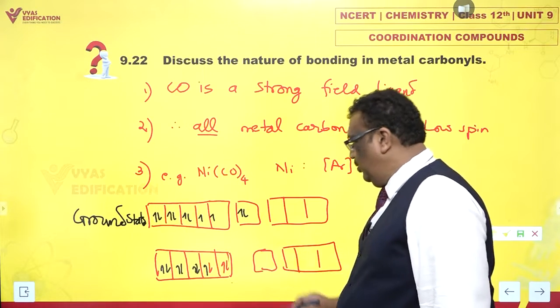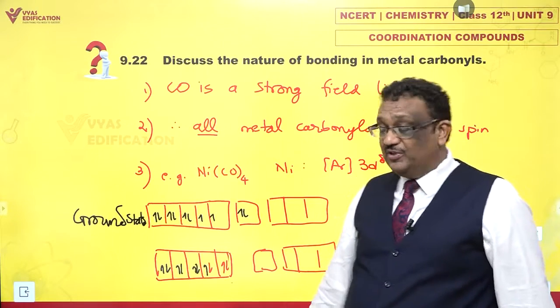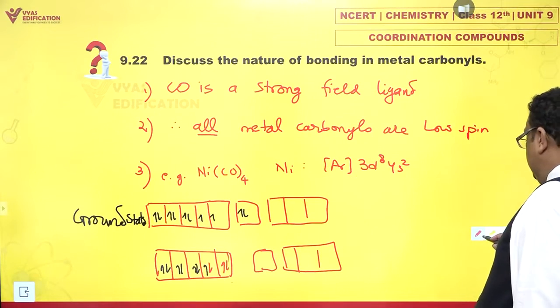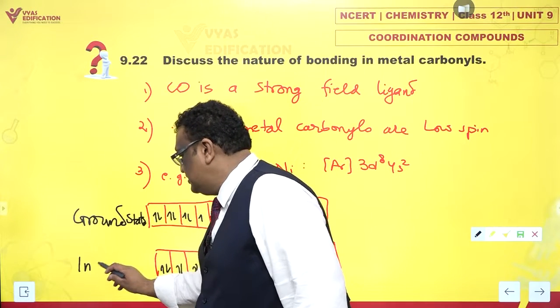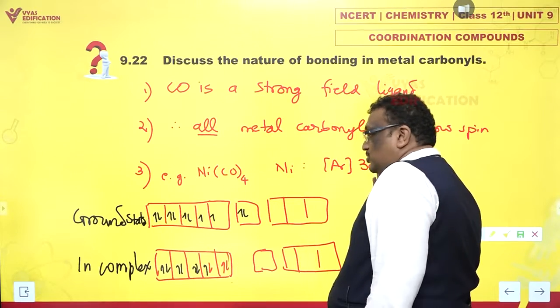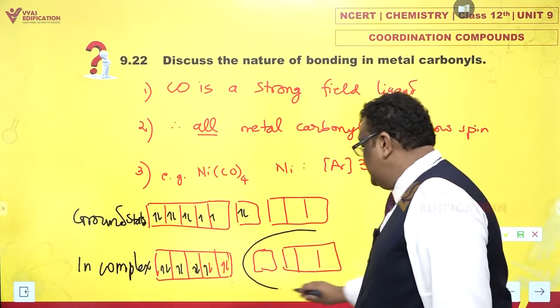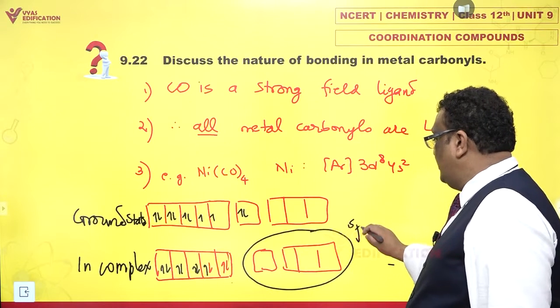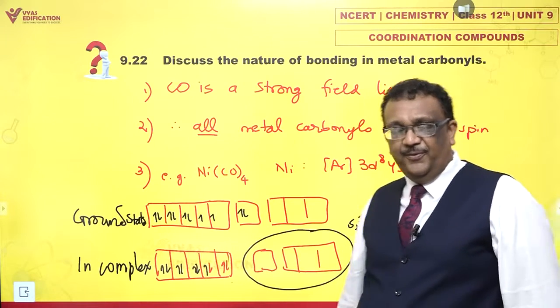Is this the excited state which happens during bonding? Yes, this is that excited state which happens during bonding. This is in complex. Since these electrons are pushed in, it becomes an inner orbital complex. These are now available, so hybridization becomes sp3, which is fine.